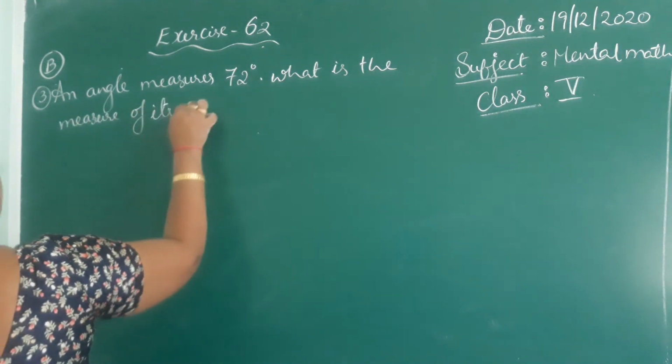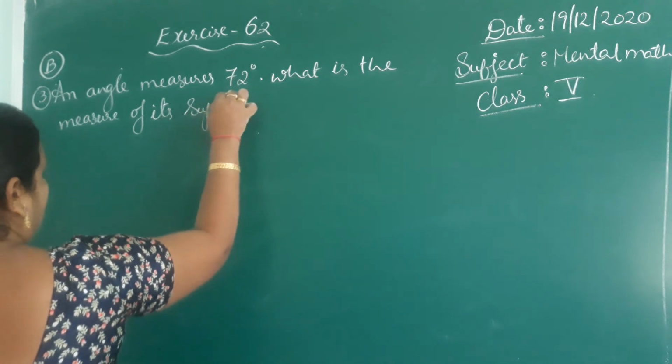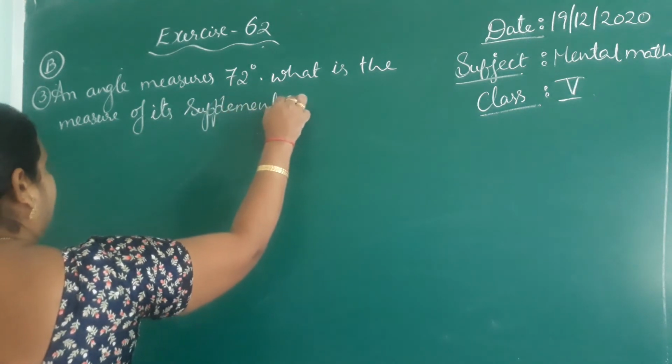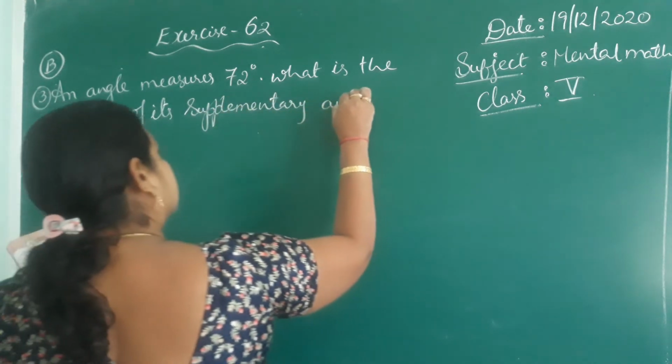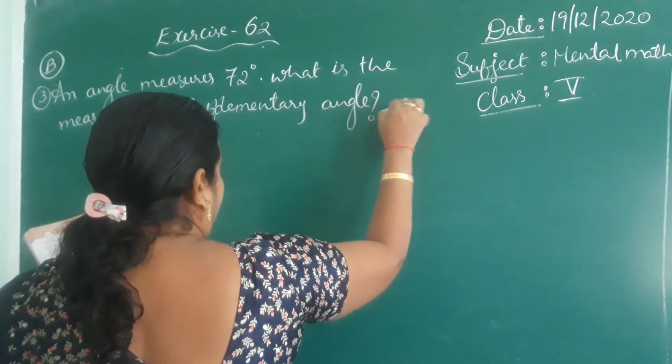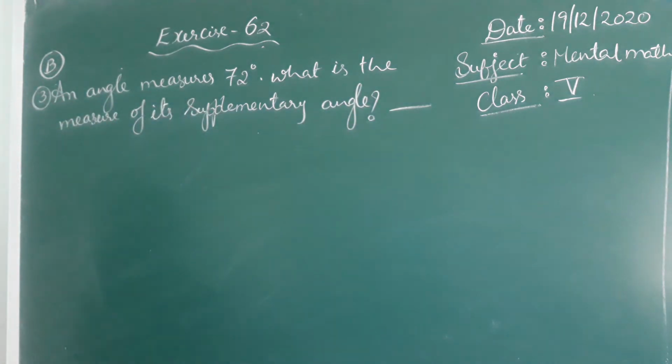What is the measure of its supplementary angle? So, what is meant by supplementary angles? If the sum of two angles is 180 degrees, then those two angles are called supplementary angles.